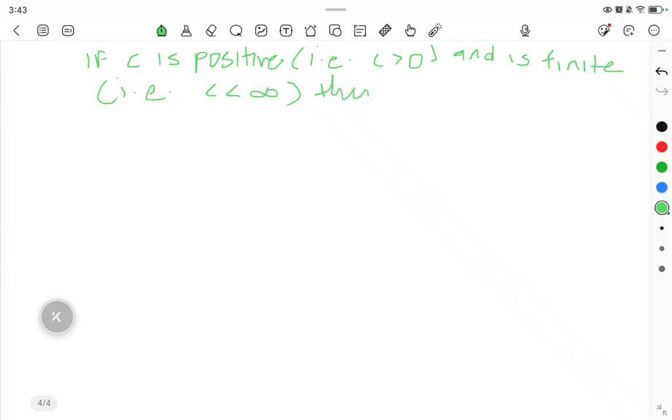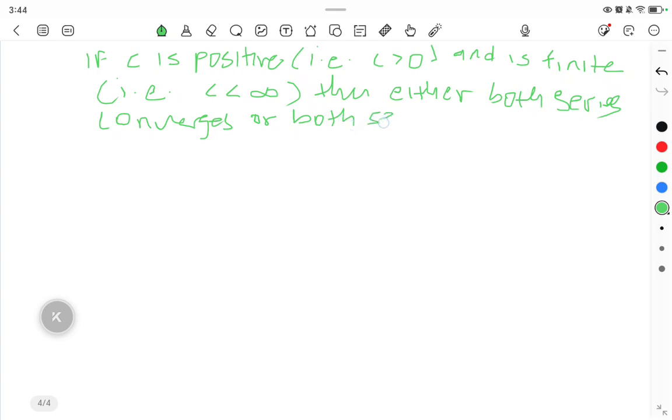Then either, this statement has marks, you see, right? Then either both series converge or both series diverge. So that's how we're gonna conclude. This statement will be used to conclude, from either both series converge or both series diverge.